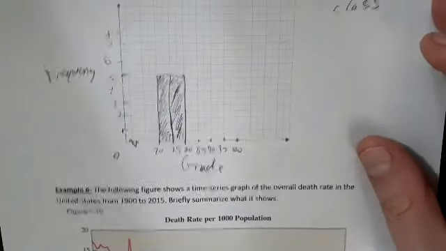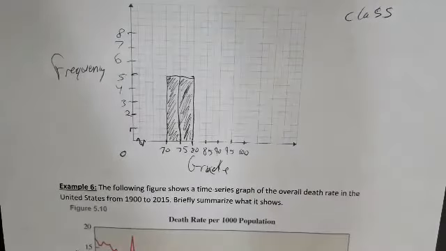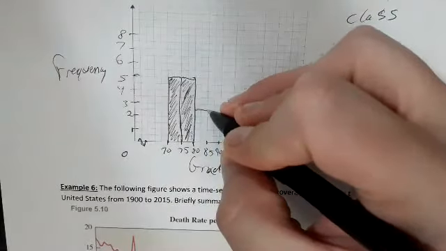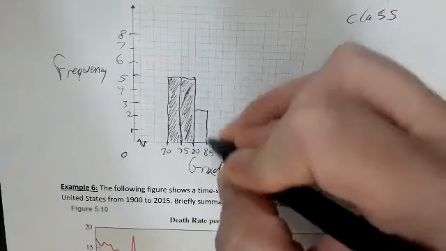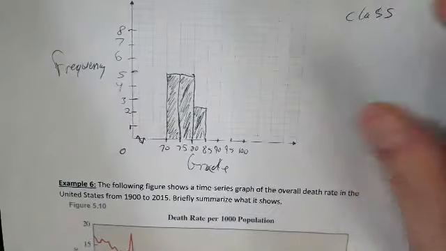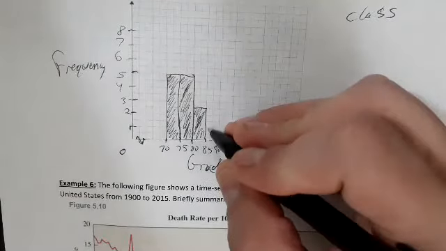Now we want to go from 80 to 84. There are 2 of those. So we're going right here at the 2. We're going from 80 to 84, and we're coloring in our bar. Next one is from 85 to 90. There is 1 of those scores.